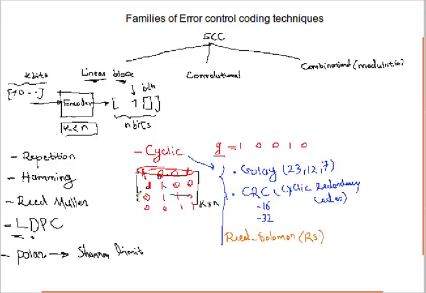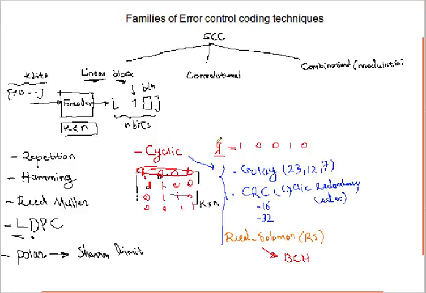They also have a subdivision which we call BCH codes. BCH codes are just a special case of Reed-Solomon codes. But what does it mean? The idea of Reed-Solomon codes is to play with some roots of this G.